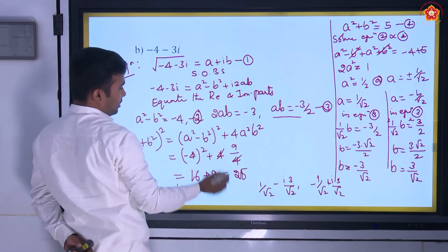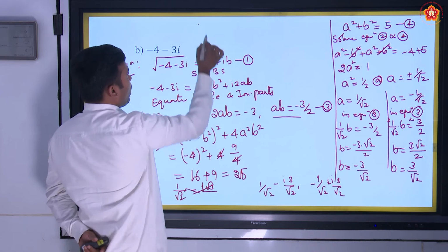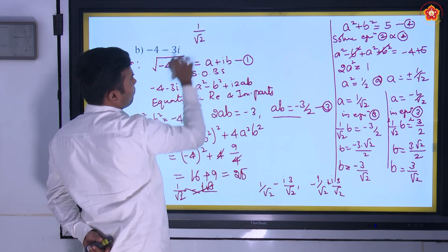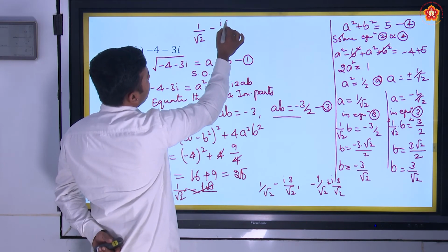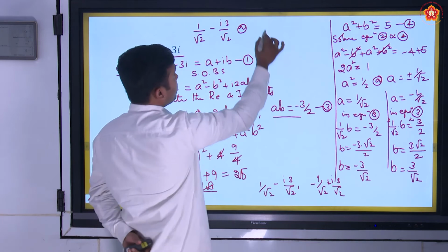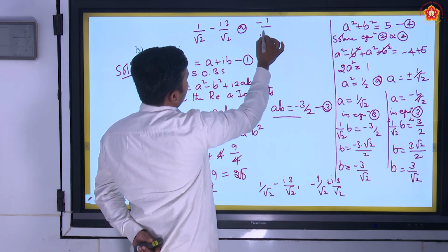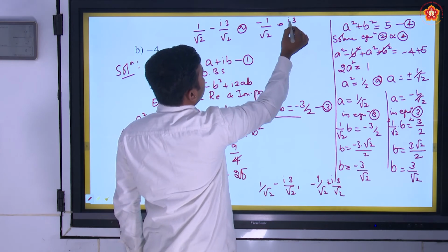Therefore, we can say that the square roots of the given complex number are 1 by root 2 minus i 3 by root 2, or the other one, minus 1 by root 2 plus i 3 by root 2.